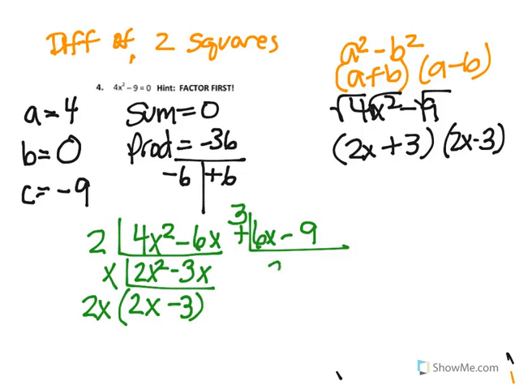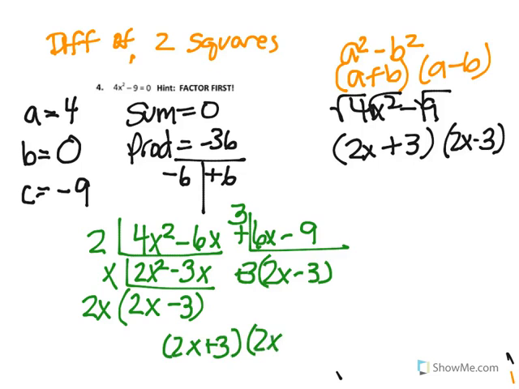I'm going to divide by 3, and I get 2x minus 3 with a positive 3 out here. So what's outside the parentheses? 2x plus 3. What's inside the parentheses? 2x minus 3. Same thing you get if you do it with the shortcut.